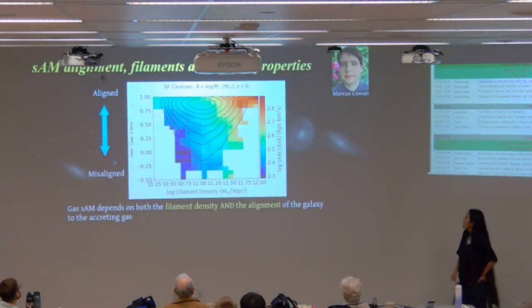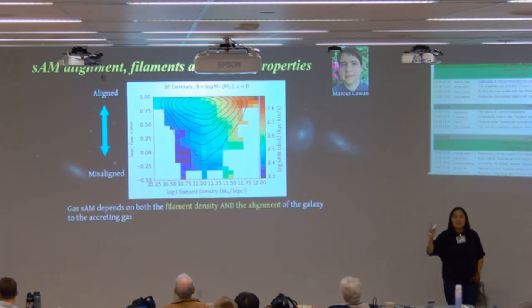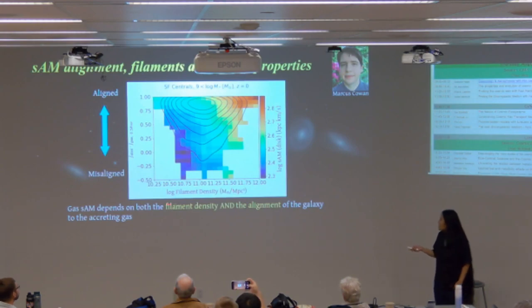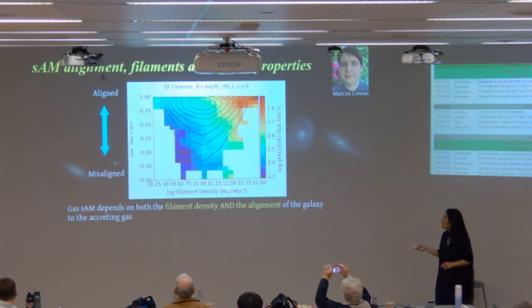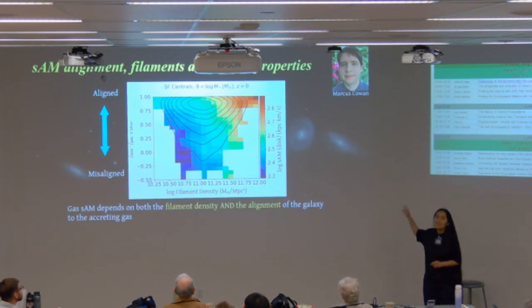All right. So we wanted to look at this a little bit closer. What we have here now is the alignment on the y-axis between the disk and the accreting gas. Top is aligned, bottom is misaligned, and now plotted against filament density, and color-coded by the specific angular momentum of the gas in the disk, but it's very similar for the accreting gas as well.